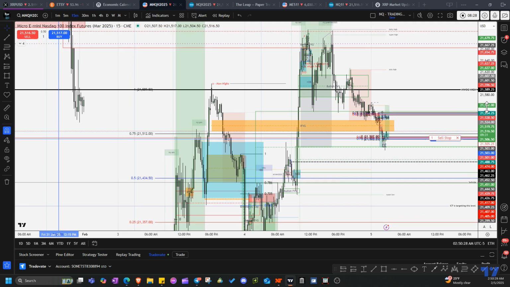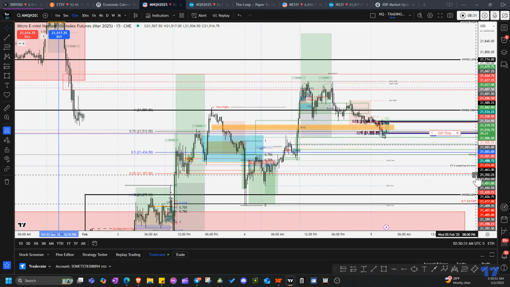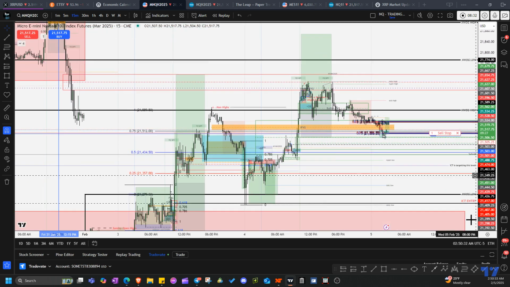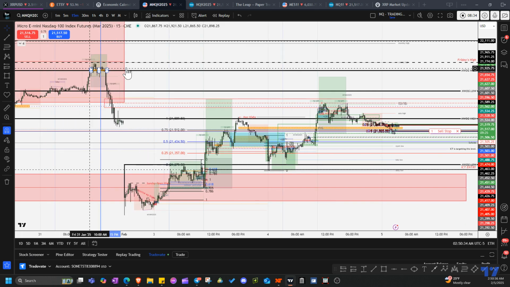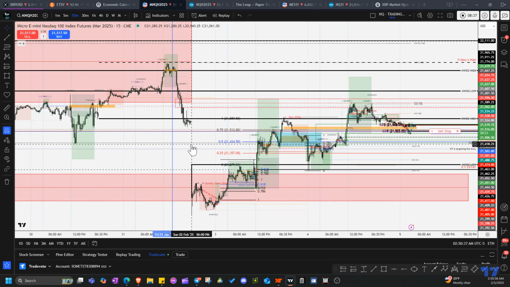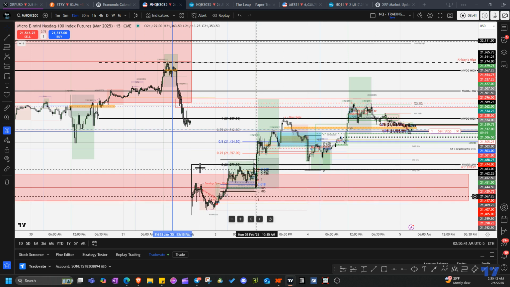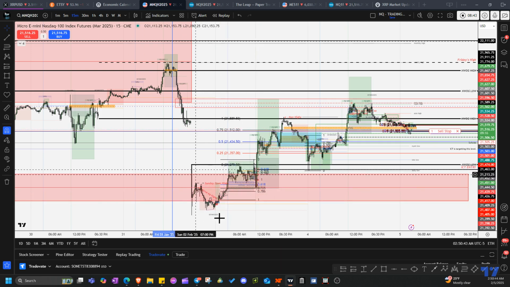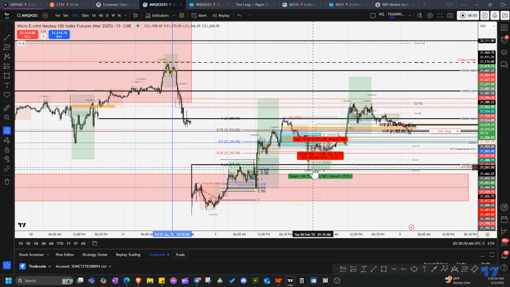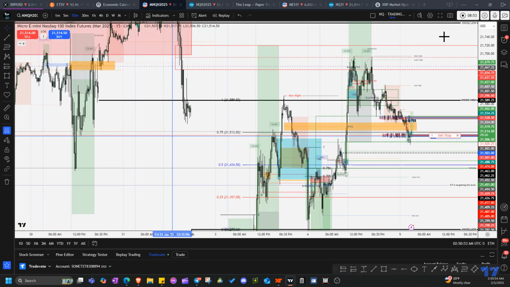But the thing that stands out to me on the 15-minute from what I'm seeing is start of the week is here, correct? Sunday. We gapped down really fast into this bullish 4-hour fair value gap. And we've been pushing higher and trading higher since, right? So this is a bullish level right here.